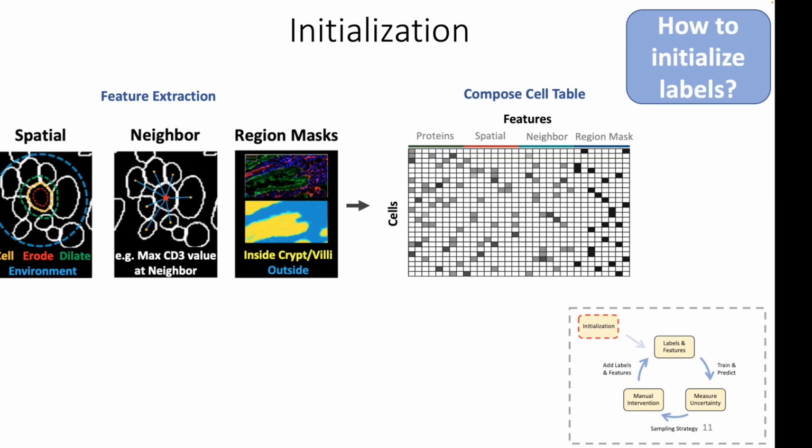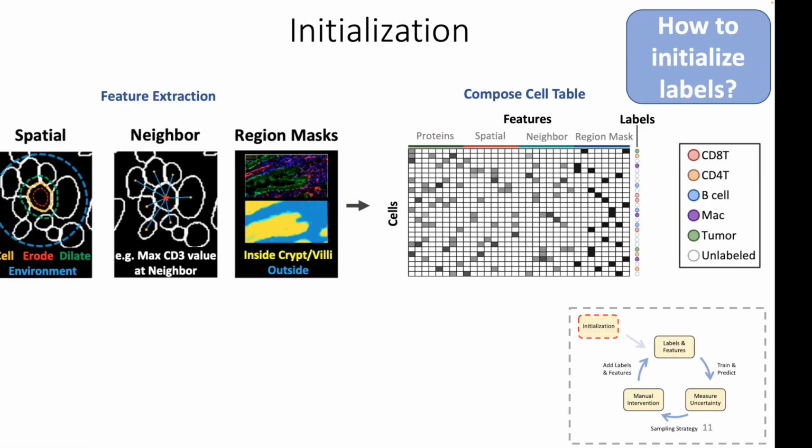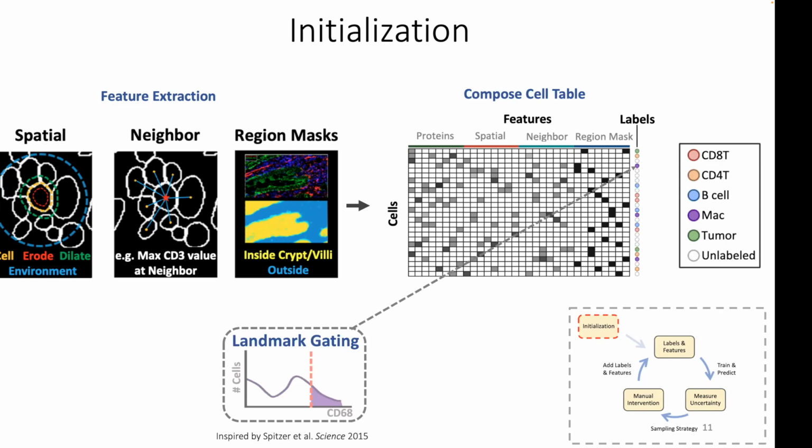But how do we initialize now some labels for them? We were inspired by a paper from 2015, Spitzer, where they do landmarking, which is really just using a simple high threshold where you're very confident about the cells being accurately labeled.